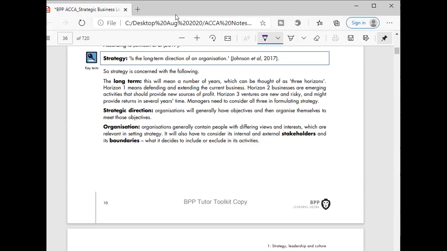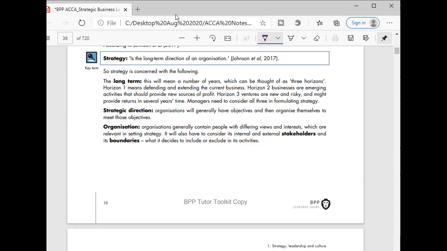It is quite defensive in nature, in that you want to first protect the business. It is a protective and defensive strategy, horizon one. Horizon two is more proactive. Businesses are emerging activity that should provide a new source of profit. So here you are more proactive in getting new sources of business, right?